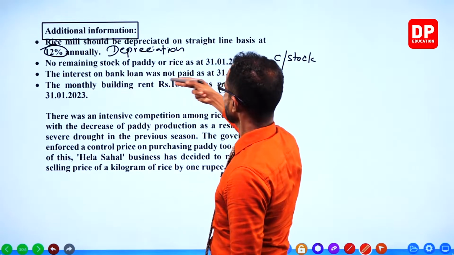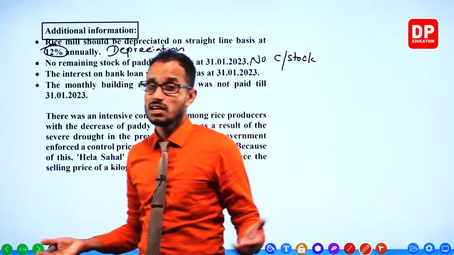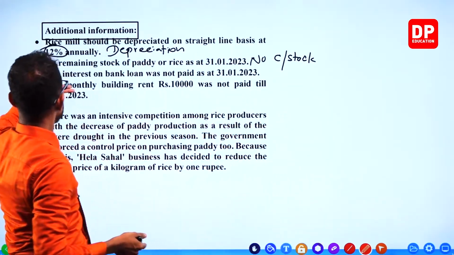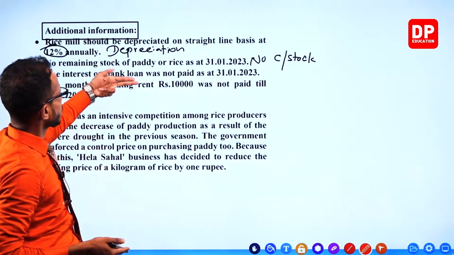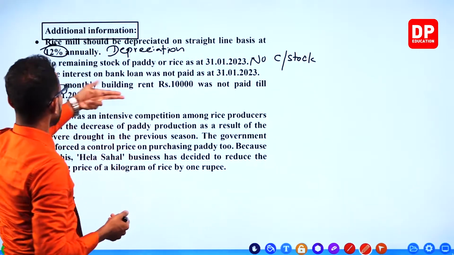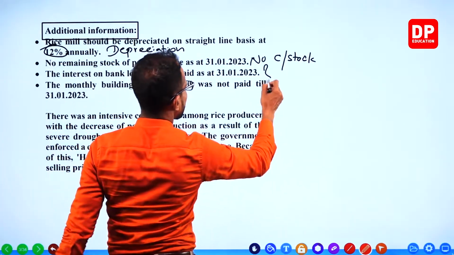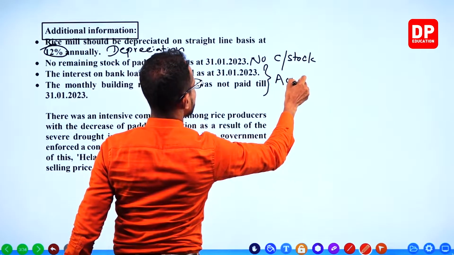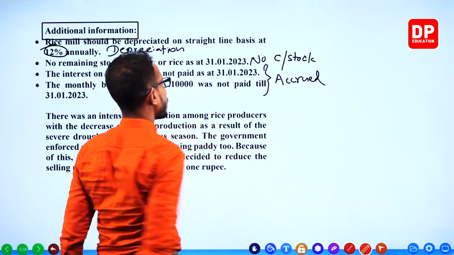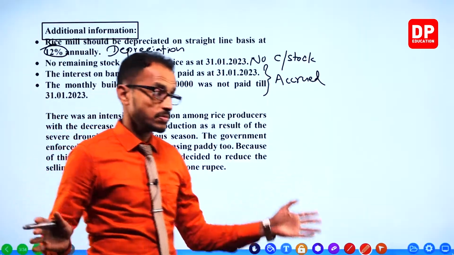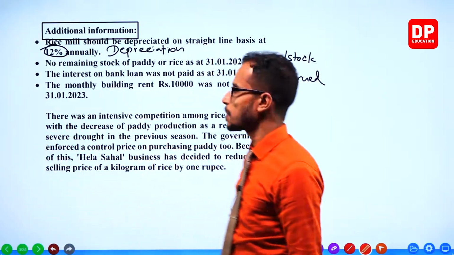Interest on the bank loan was not paid. Accrued. Oh my god, accrued. Monthly building rent not paid. So both are accrued. There we go, marking of the important points, right?